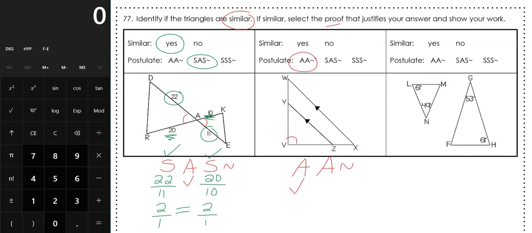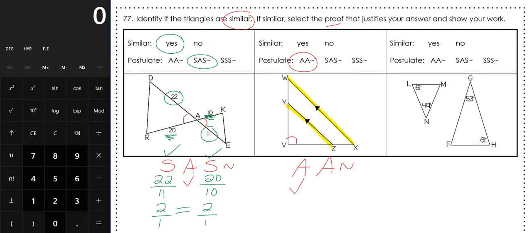Now for my second pair of angles, they didn't give me any measurements, but I do see that these two lines are parallel. So when I think parallel lines, I'm thinking the Z for alternate interior angles, but that's not really going to work here. So the next thing that I can look for are corresponding angles. Corresponding angles are the ones that are in matching positions.